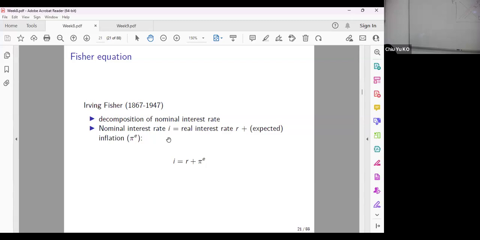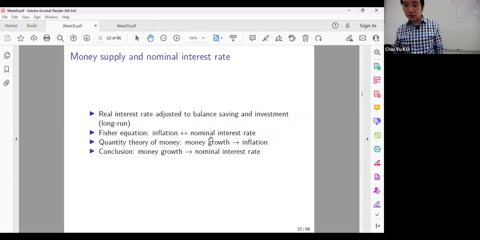And when you decide how you trade off tomorrow in the future, it really depends on the real interest rate, right? Because if you spend $1 more, you are looking at how it trades off against tomorrow's. So this is the thing you care about. So when people decide to keep the money, it's just the real interest rate that matters.